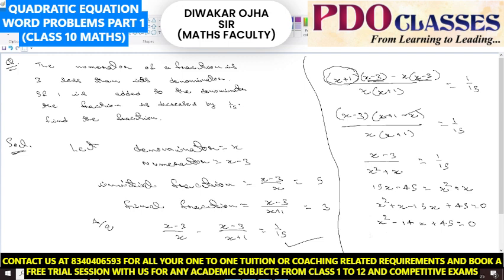Okay, we can take a -5, -9. Exactly. So we can take x square minus 5x minus 9x plus 45 equals 0.